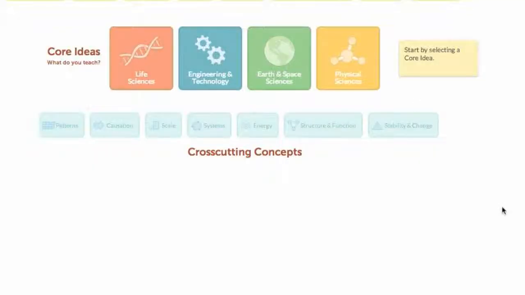Looking at the way that the NGSS is designed, there are three major dimensions. We talk about the core ideas, which would be consistent with what most people think in terms of standards. Now, this is kind of the content of life science, the content of engineering, technology, and physical sciences and earth and space sciences. But then there's also these practices.